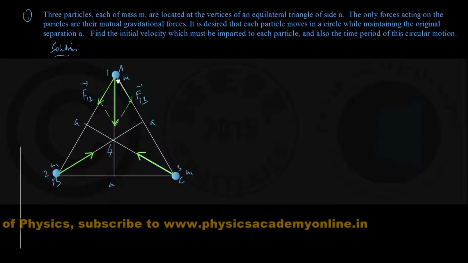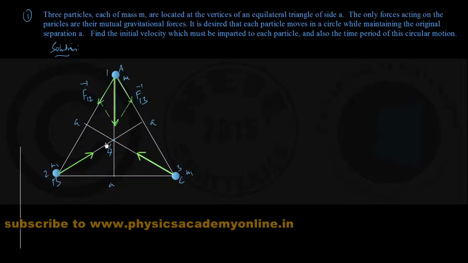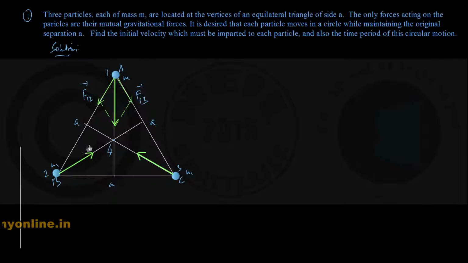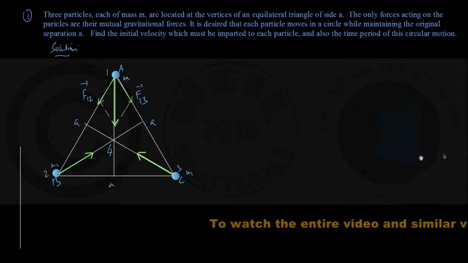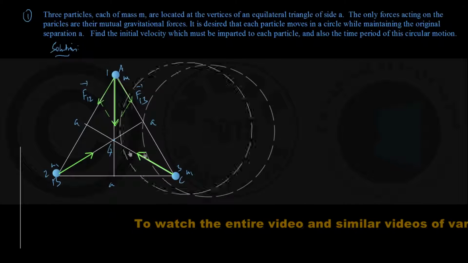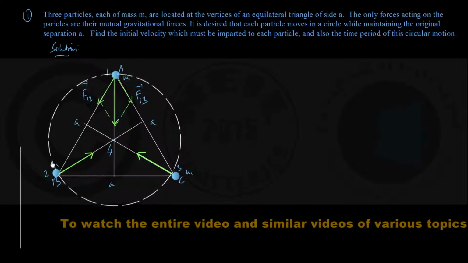And if these three particles have to travel about a circle with its center at centroid G without changing the mutual separation A, the circle must pass through these three vertices A, B and C with its center at G. In other words, the circle of motion becomes the circumcircle of this triangle ABC.